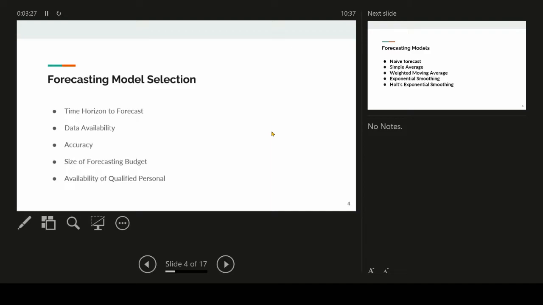If we take a shorter time horizon, the accuracy will be more, and if we predict a larger time horizon, the accuracy will be less.